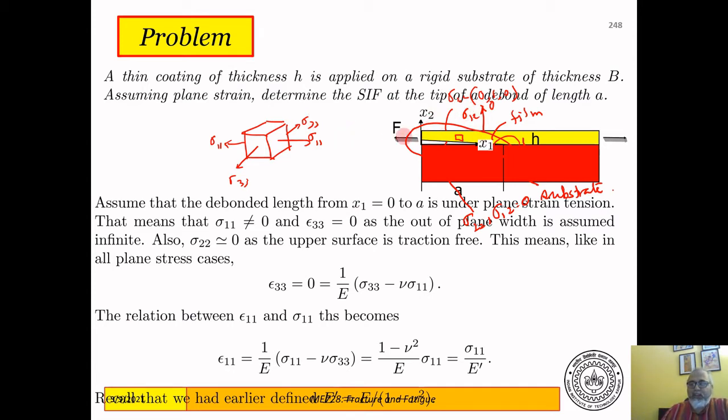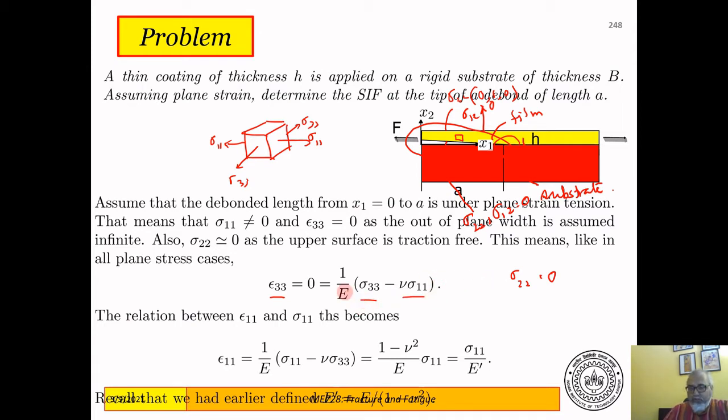Sigma 1 1 is due to the force F that is applied, and sigma 3 3 is because of the condition that this is a plane strain case, and therefore epsilon 3 3 is equal to 0, because this is very long in the x3 direction. So sigma 2 2 is equal to 0 as well, because this is a thin film. And then epsilon 3 3 is 1 by E, sigma 3 3 minus nu times sigma 1 1 plus sigma 2 2.